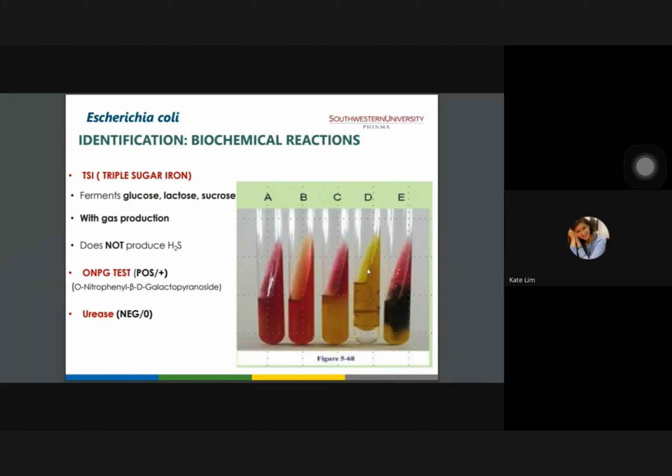So lactose, sucrose, and glucose are all fermented, and there is an acidic environment in both the slant and the butt. So your result should be acid over acid.